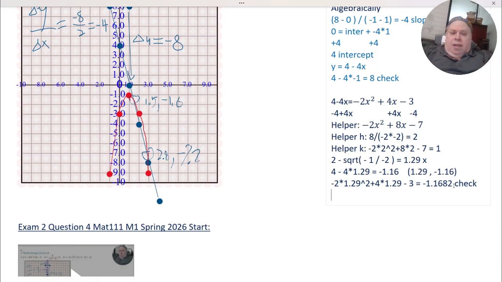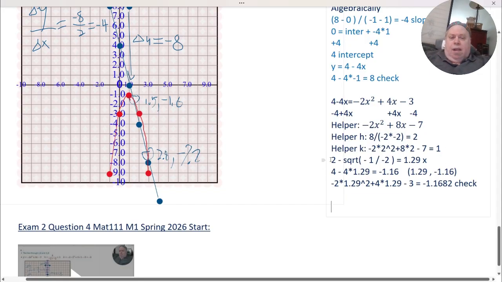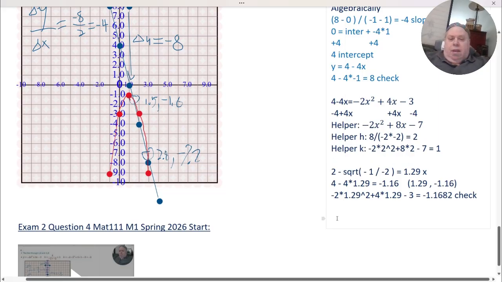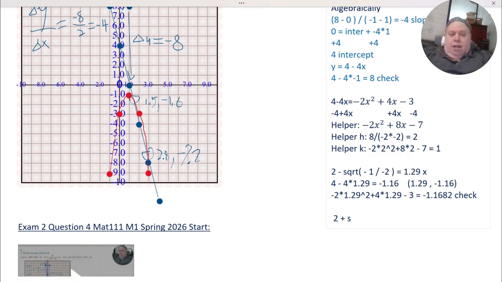Now, I'm going to do the same thing. But this time we'll do h plus the square root of minus k, minus 1, over a, which is minus 2.